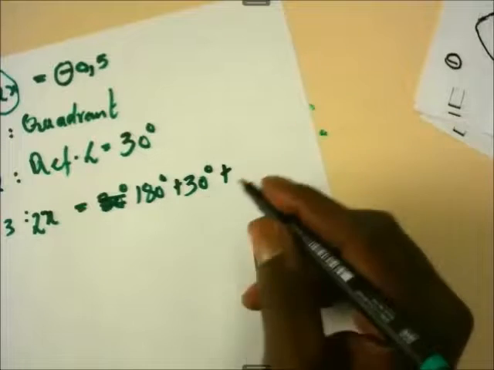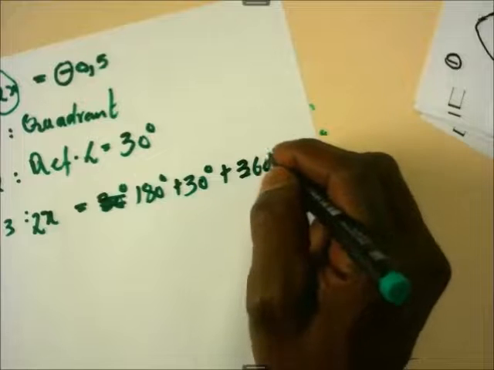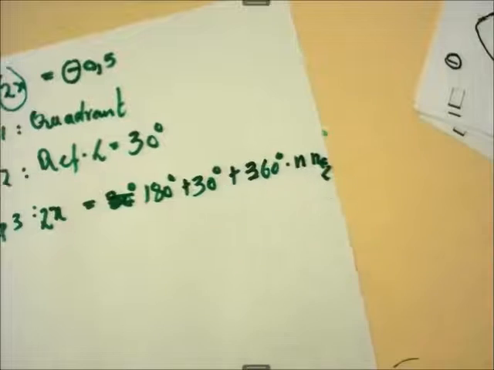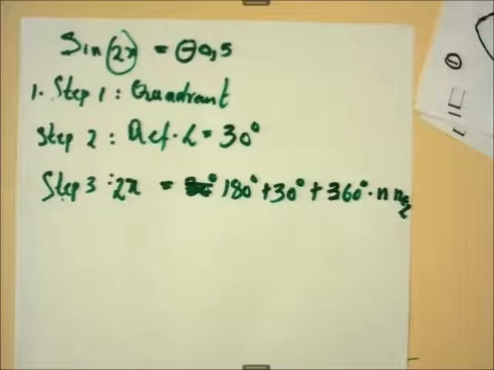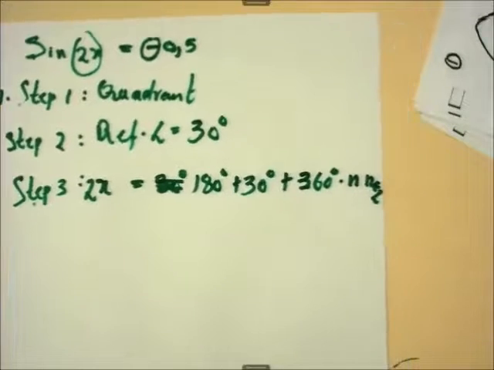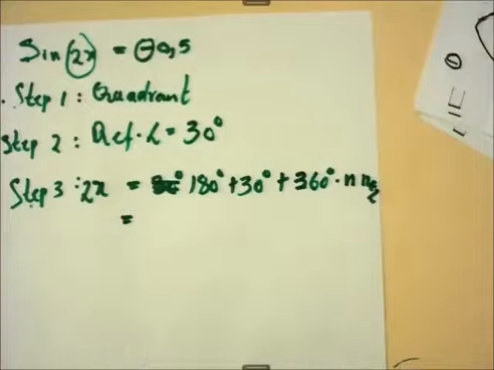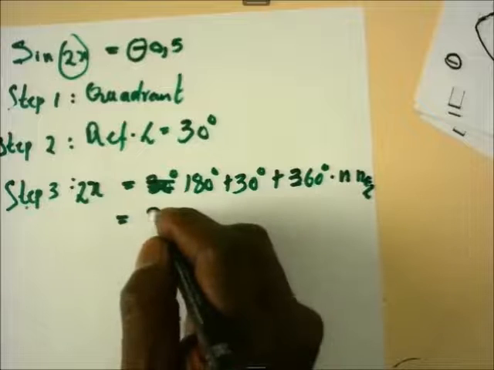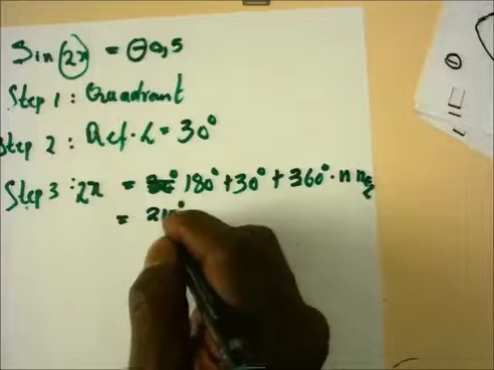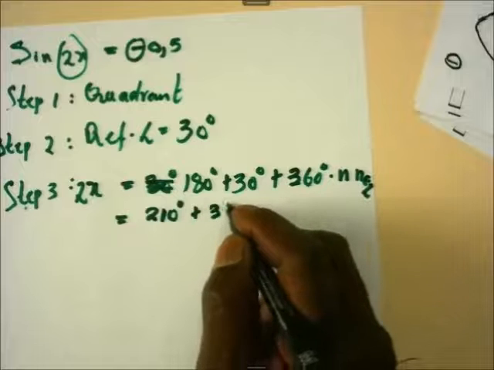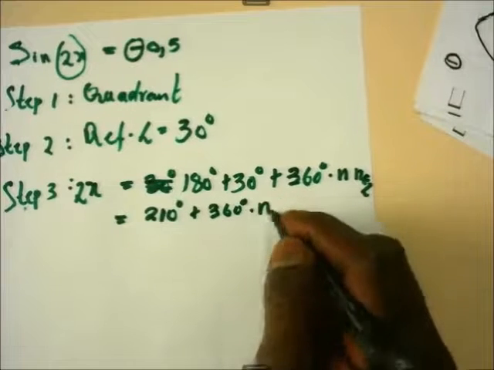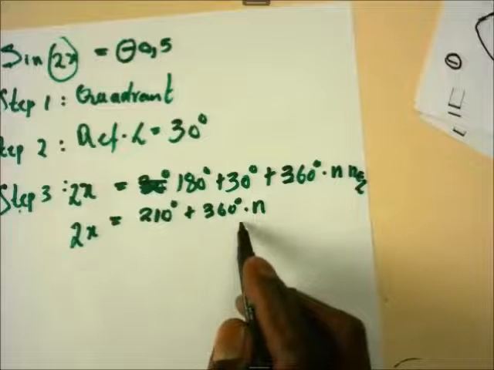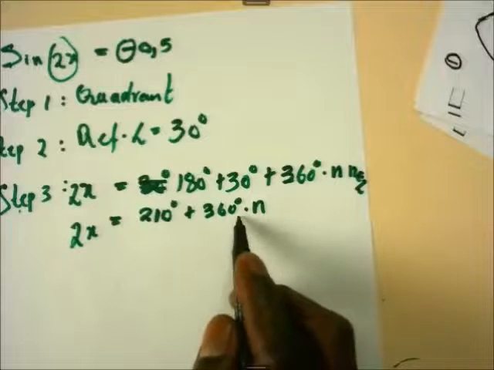360 degrees times n, n being an element of integers. I'll just squeeze it in there because I made a mistake. Okay, now the solution will be, let's simplify, 180 plus 30, that is 210, plus 360 degrees times n, that is 2x. We cannot add these two numbers because they are unlike terms.